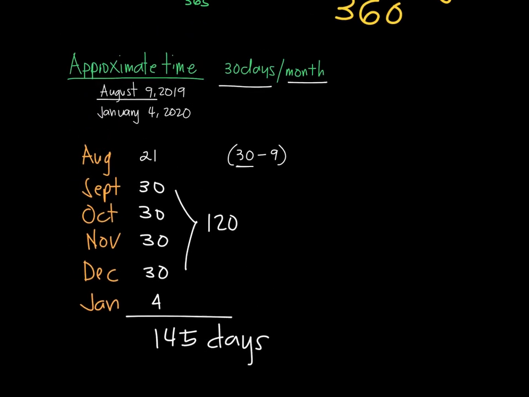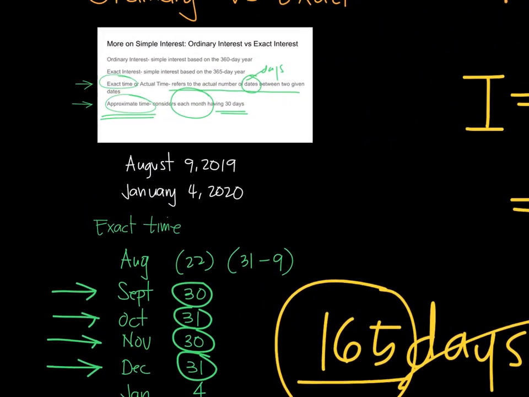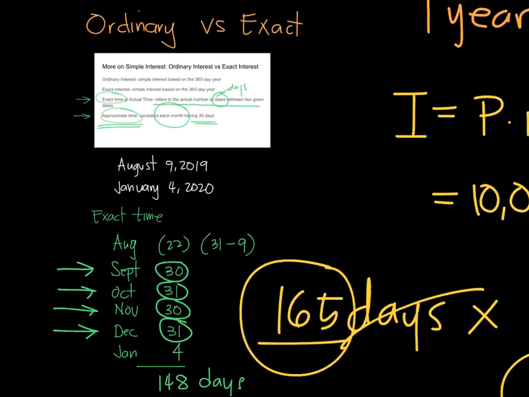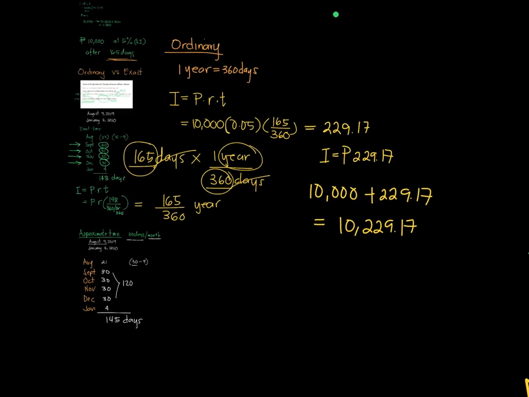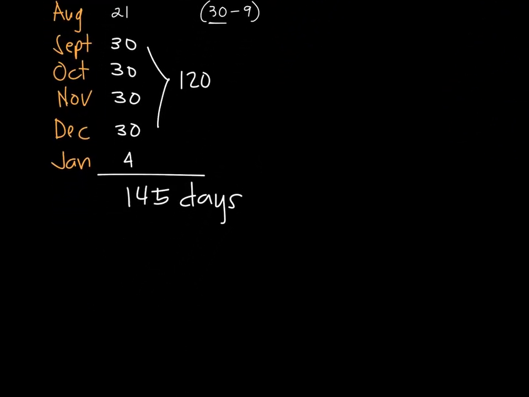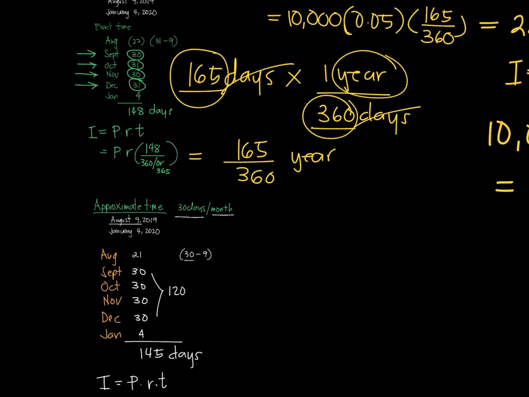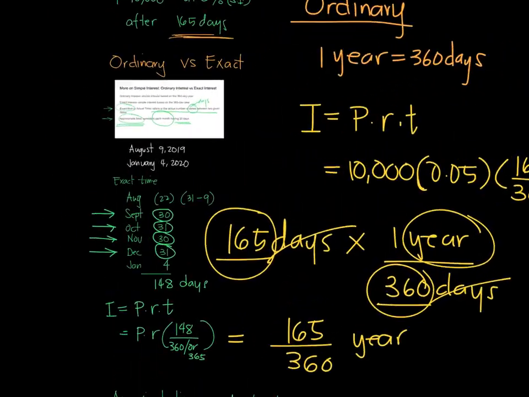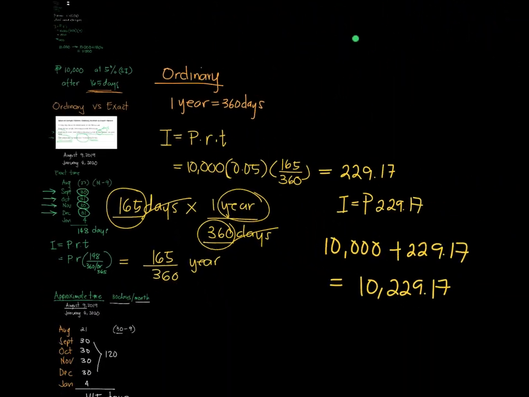So to compute for the interest, this is the exact approximate time. If this is about ordinary interest, I is PRT, where the amount that we borrowed is, let's say, 10,000.